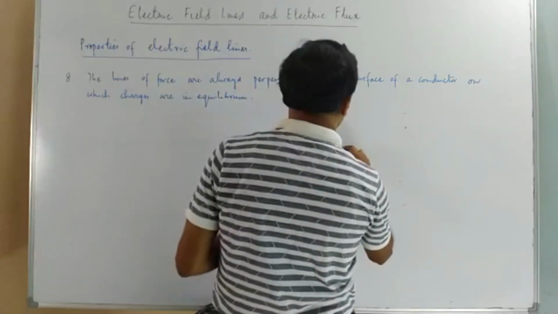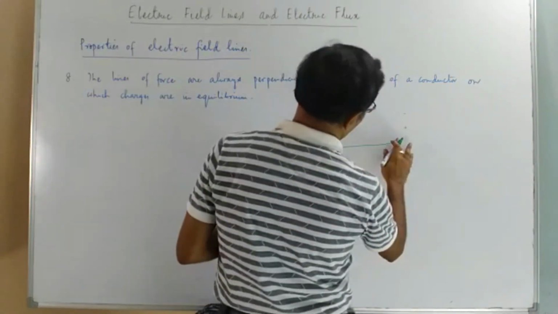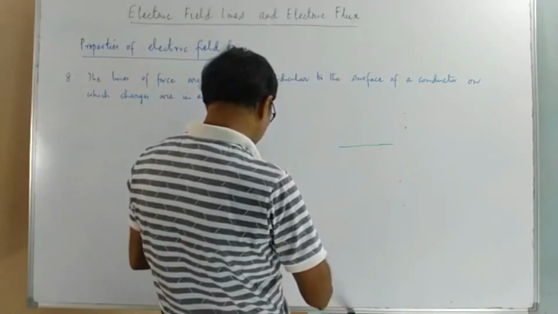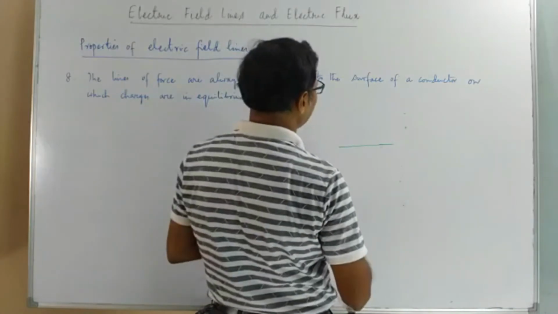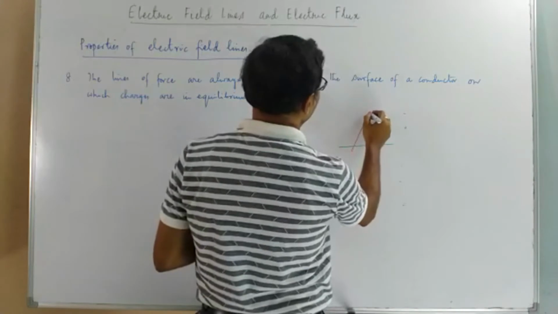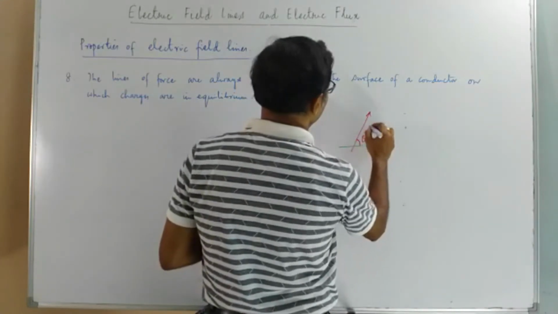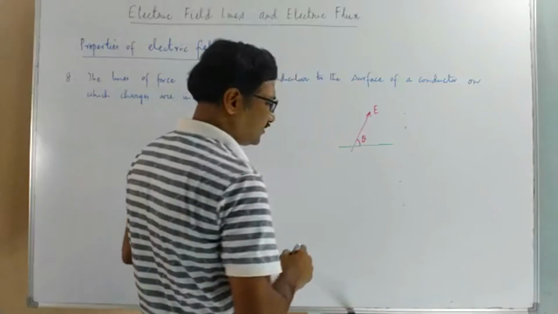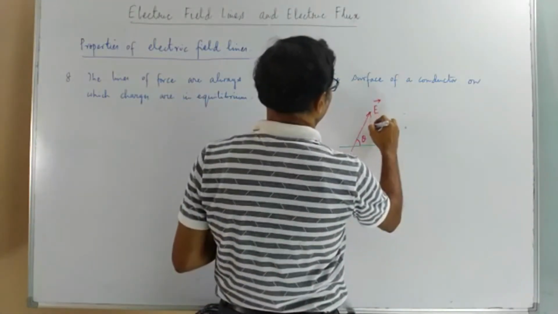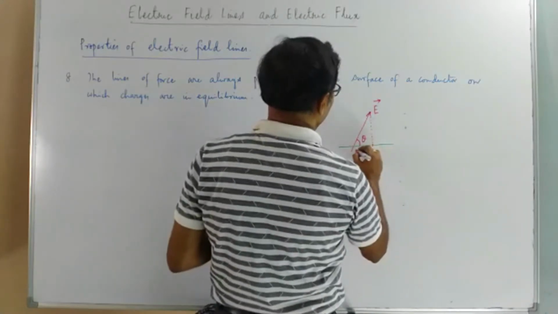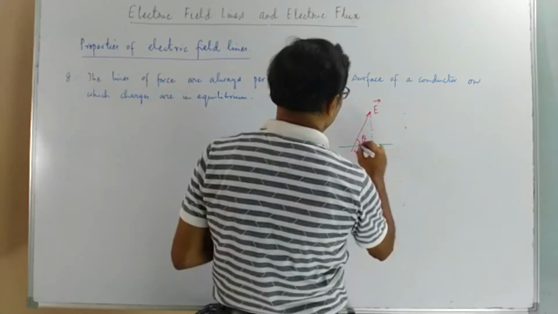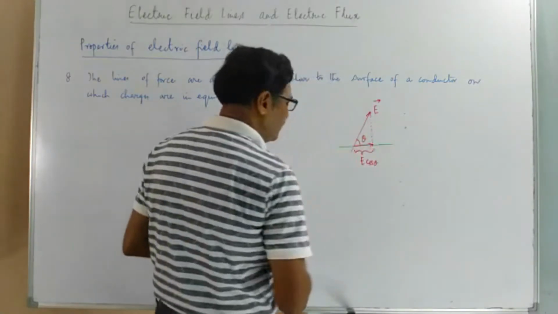We consider a plane surface of a conductor, and we also consider that the electric field is not perpendicular to the surface of the plane, rather it is making an angle theta with the surface of the conductor. In such a situation, there will be a component of electric field along the surface of the conductor.